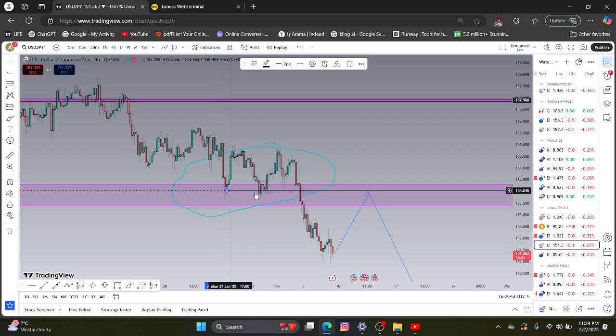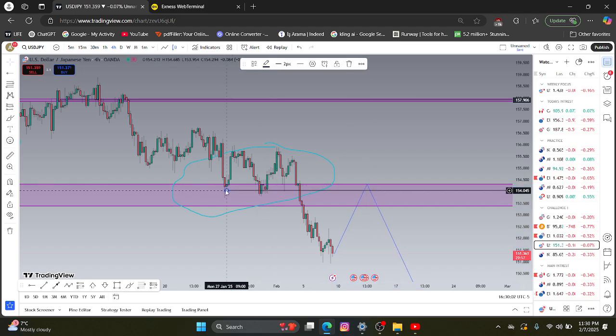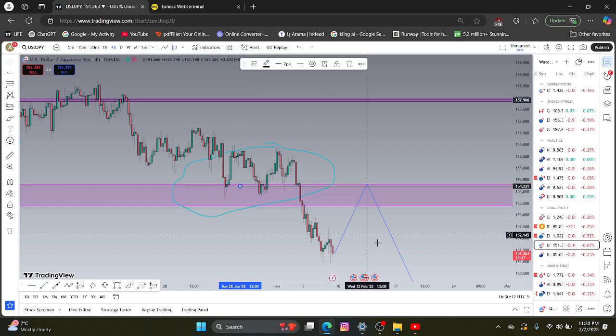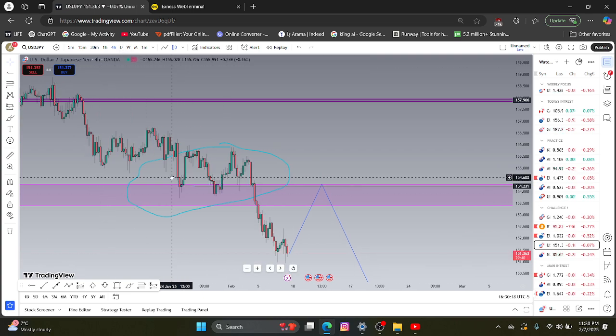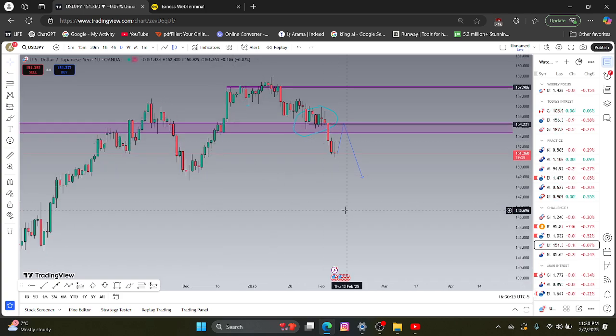So we would enter the market if it reaches this zone right there, because that's where the demand zone is, the supply zone here. I'm sure it will reach there to take out early sellers, so it's better we enter from there, to avoid small drawdowns that can take us out before the actual big move takes place.